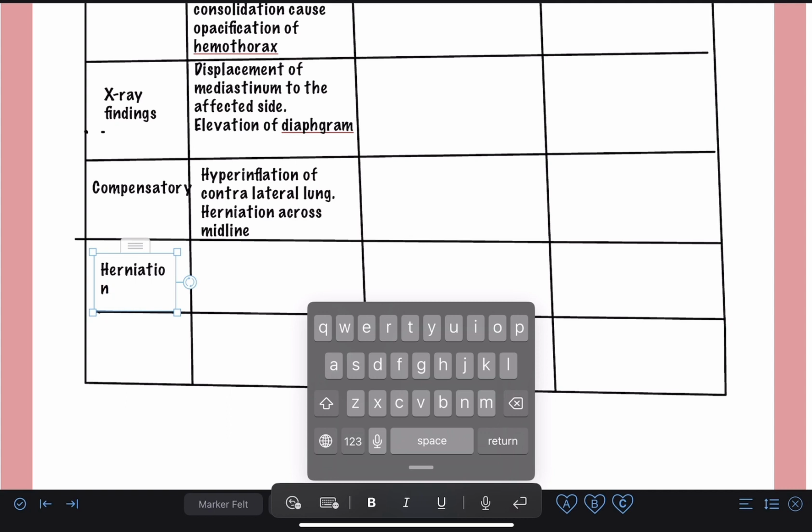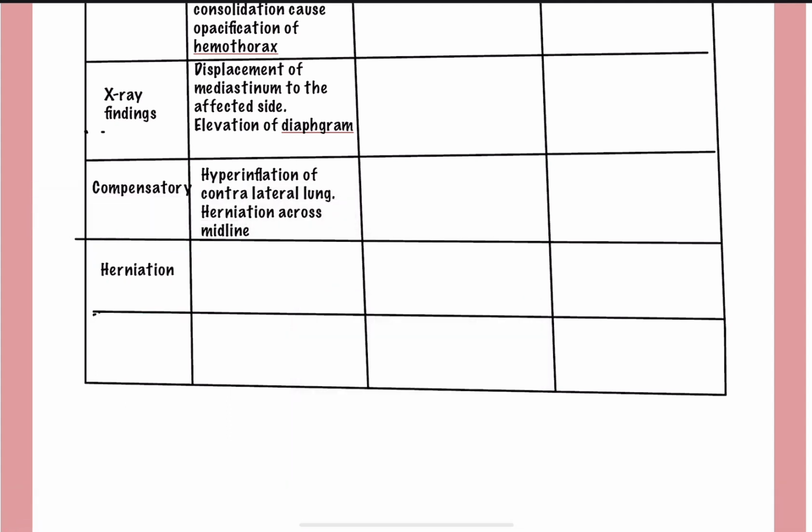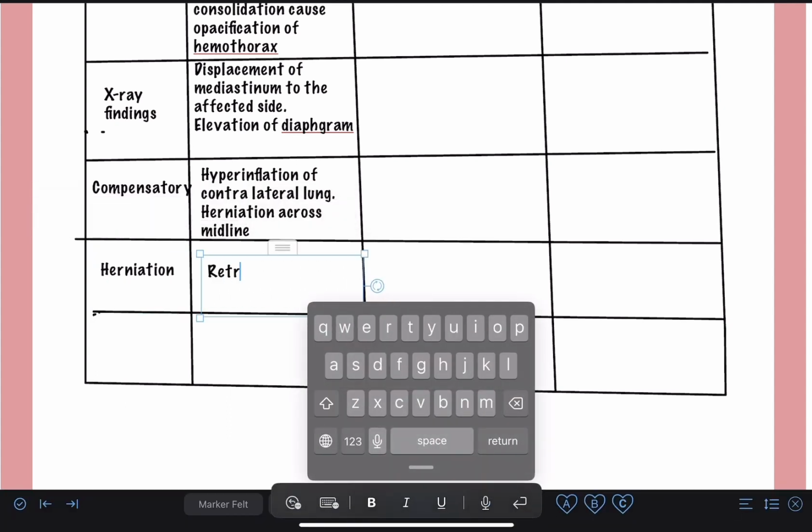Herniation occurs in the retrosternal space anterior to the ascending aorta, and posterior to the heart or under the aortic arch.